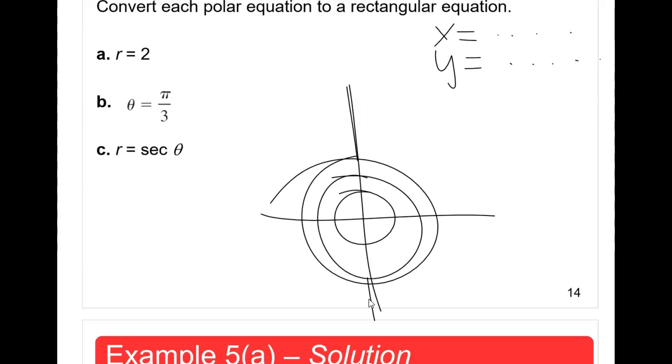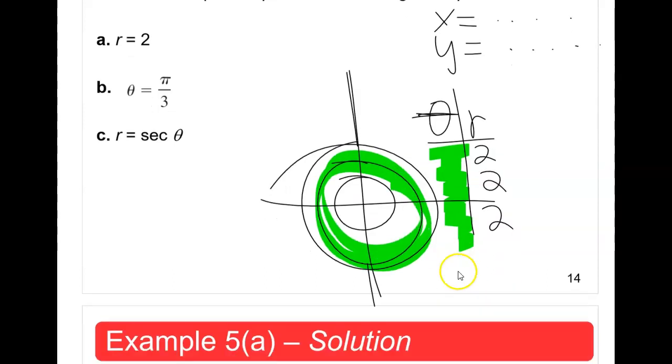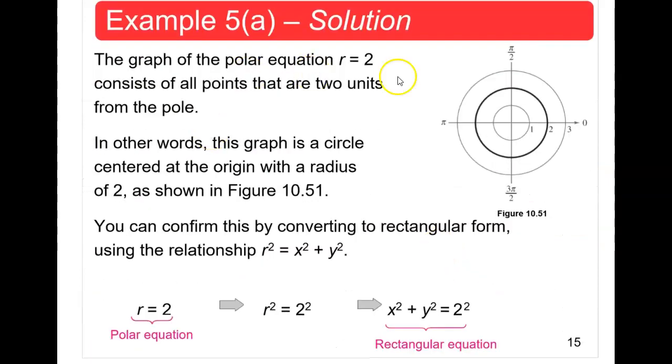If I'm telling you that it doesn't matter what the angle theta is, r will always be equal to 2, then what I'm saying is that it doesn't matter what the angle is. We're only going to focus on the circle of radius 2, and that is what will shape the graph of that equation.